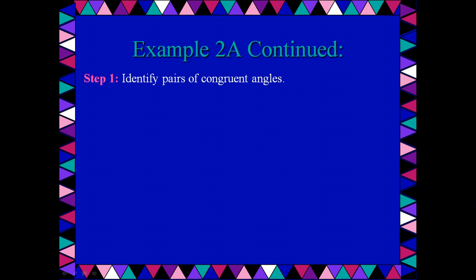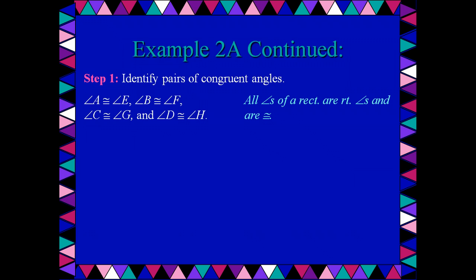Step 1 in determining if two polygons are similar is to identify the pairs of congruent angles. All angles of rectangles are right angles and are congruent. So we know that A is congruent to E, B is congruent to F, C is congruent to G, and D is congruent to H.